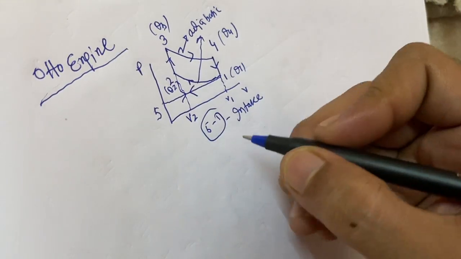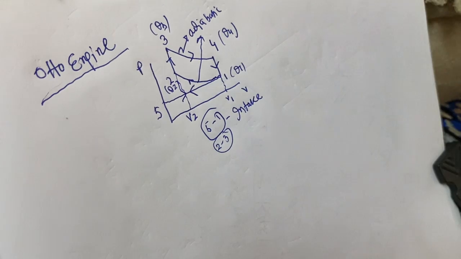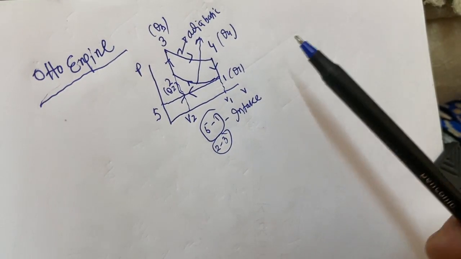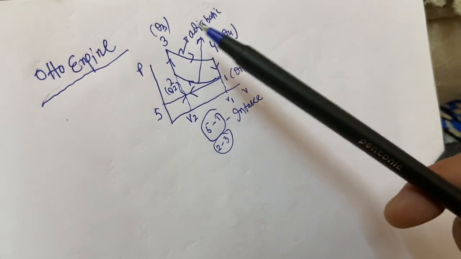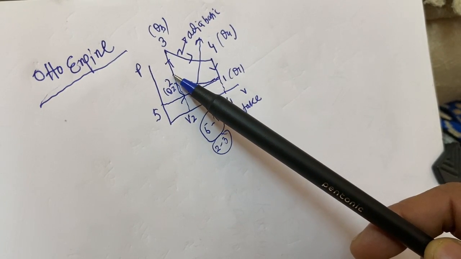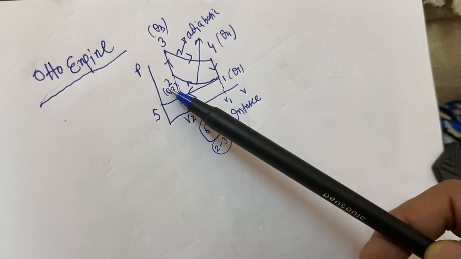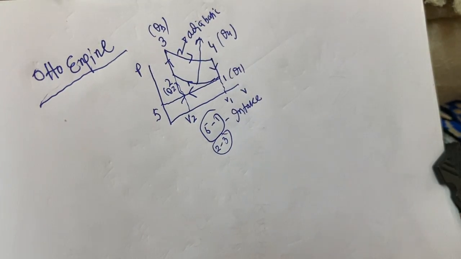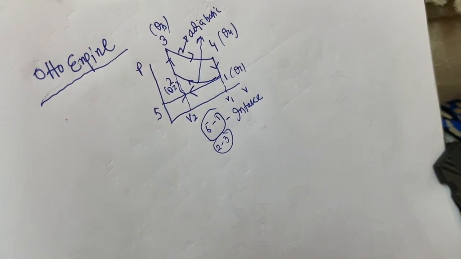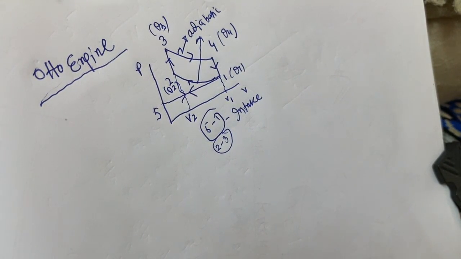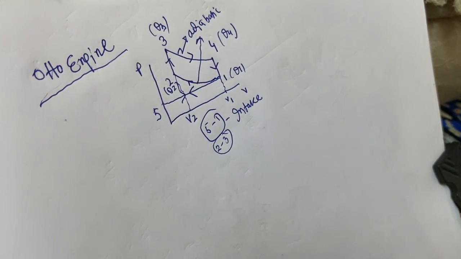In 2 to 3 process, the volume remains constant, that means isochoric process, and the pressure changes from 2 to 3, so that temperature rises from theta 2 to theta 3. So, 2 to 3 is an isochoric process, and we are taking the process up to the point 3 when the temperature becomes theta 3.